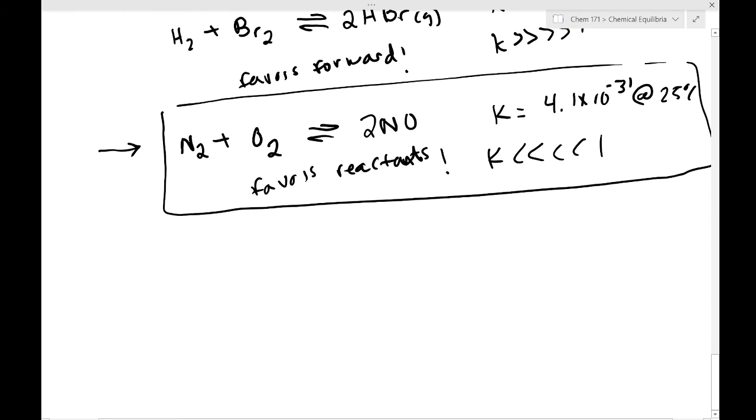Okay, so that's when K is much greater than or much less than 1. What about when K is approximately equal to 1? When K approximately equals 1, neither the forward or the backwards are favored.